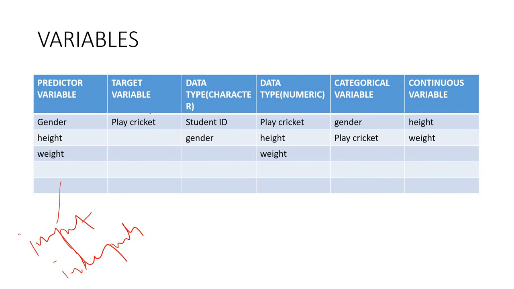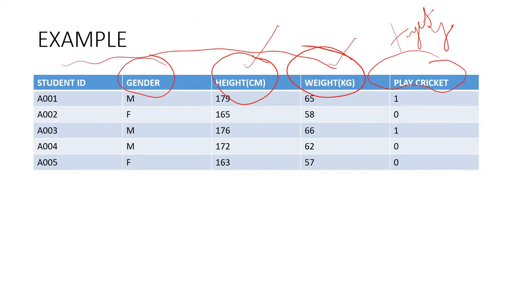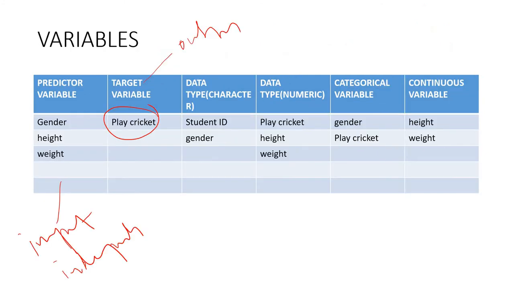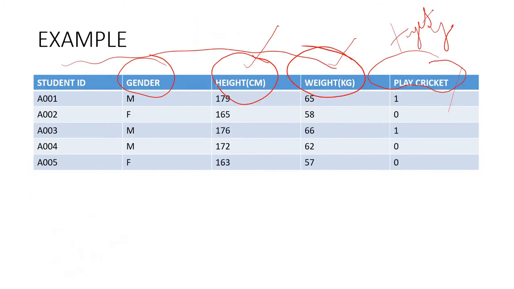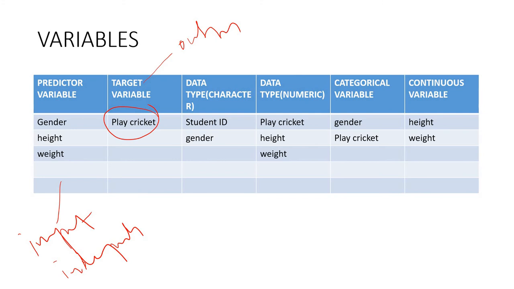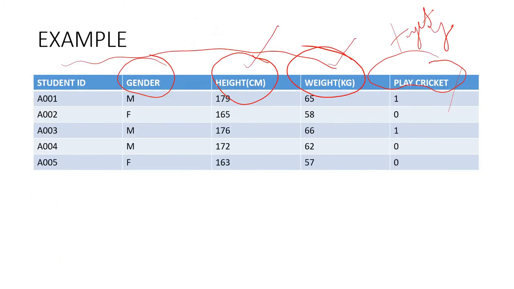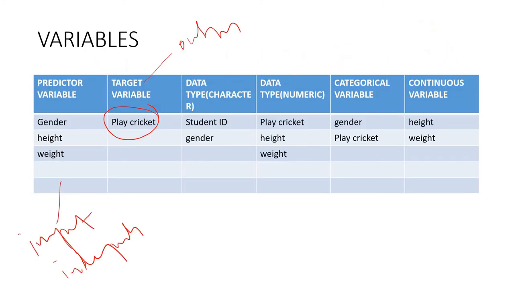Then what is the target variable? It is the output variable, whether the student will play cricket or not. That is the target variable. Now we have the data types: character data type and numeric data type. The student ID is a character data type, and gender is also a character data type.